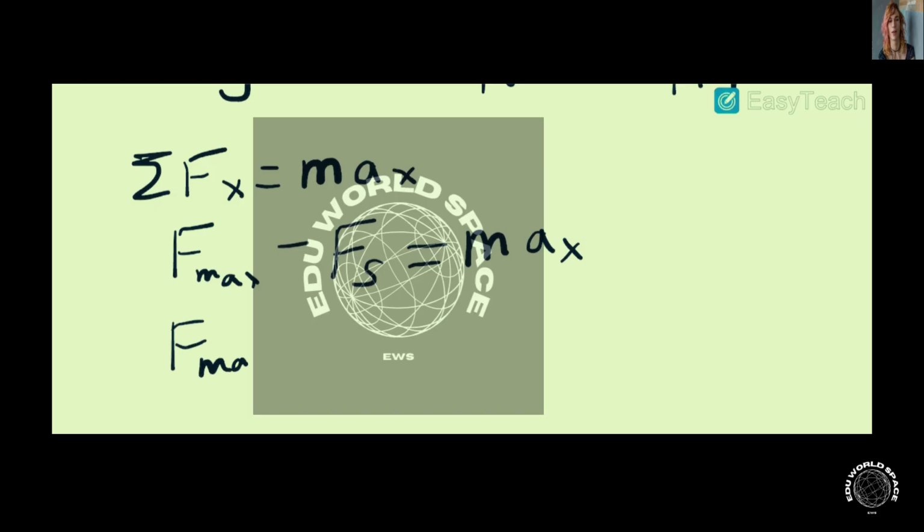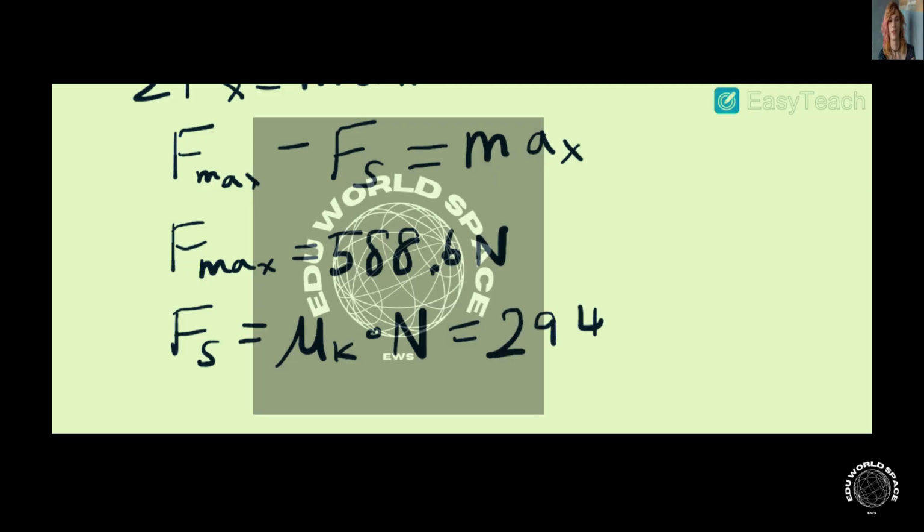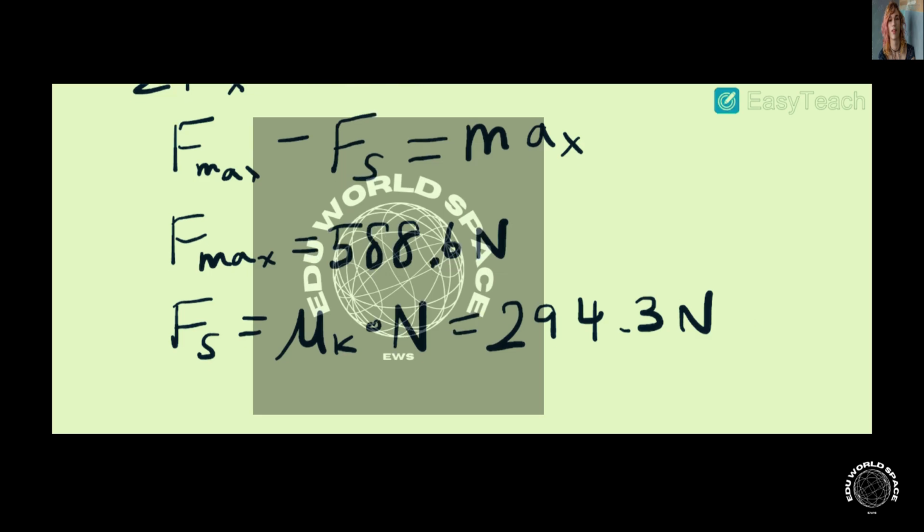We know that F max is equal to 588.6 newtons. And we can directly compute our static friction force by saying that this is going to be equal to mu k times the normal force, which is equal to 294.3 newtons.